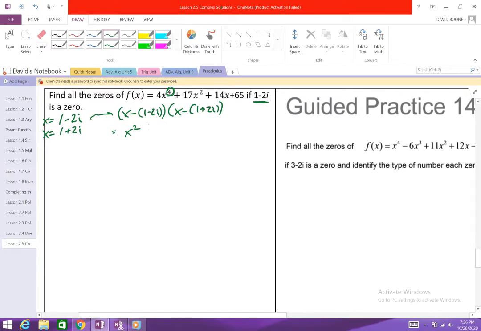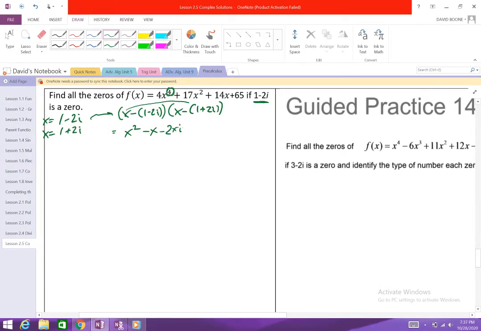And this is what's nice about these conjugates. When I multiply the outsides, I'm going to have this x times this negative 1 plus 2i. So this is actually a negative x times each of those pieces. So that's negative x times 1, which is negative x.